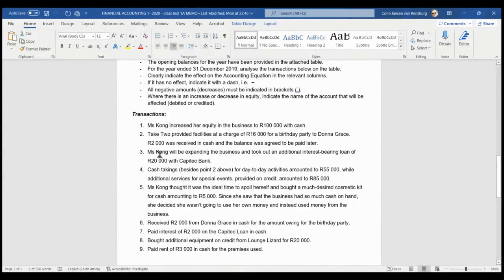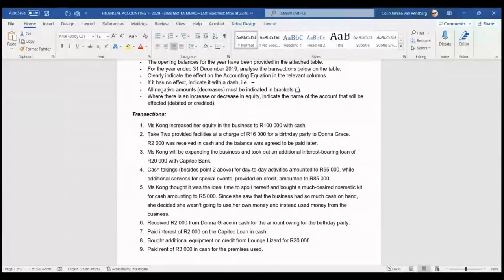Now, what they also say, ladies and gents, the second sentence of that same transaction, is that 2,000 rands was received in cash and the balance was agreed to be paid later. Okay, so 2,000 rands was received in cash and the balance was agreed to be paid later.